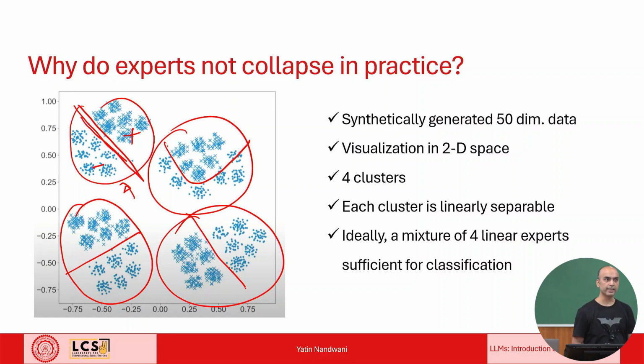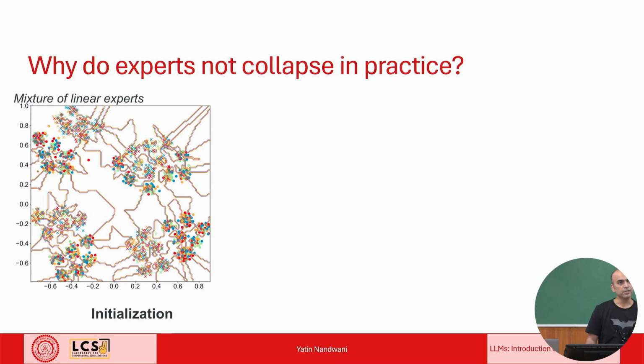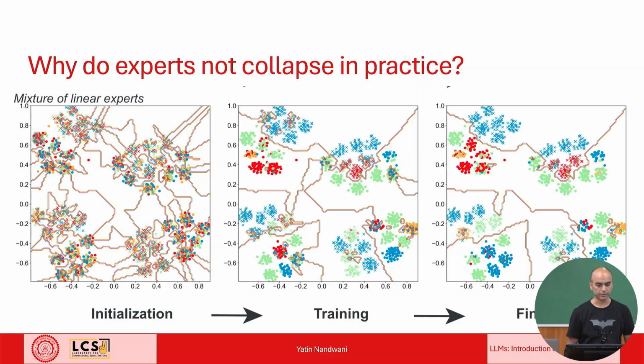Now, this is the data that they create synthetically, and they create a mixture of expert model. First, they consider a mixture of linear experts. Now, this is how it gets initialized. Here, the color of the dot is telling you the expert to which that data point got assigned, right? And the lines are the boundary curves learned by 4 experts.